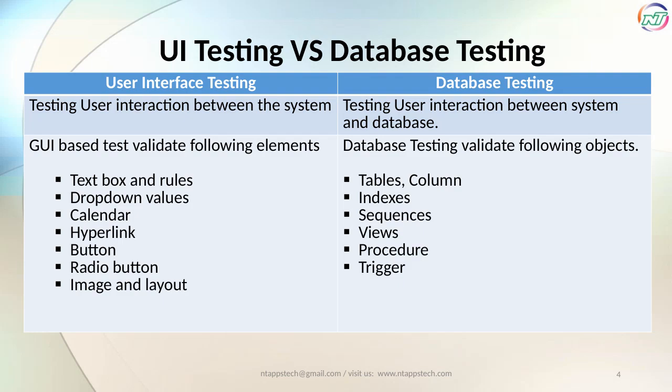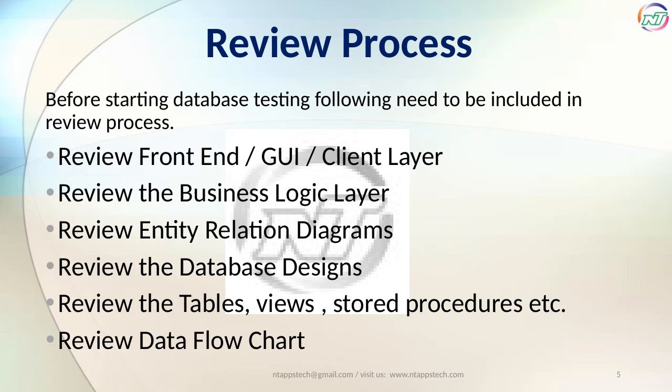While UI testing ensures that the system's interface behaves as expected from the user's perspective, database testing validates the integrity and functionality of the data and its structure behind the scenes. Both types of testing are essential to delivering a reliable application, since they focus on different layers but ultimately contribute to a seamless user experience.